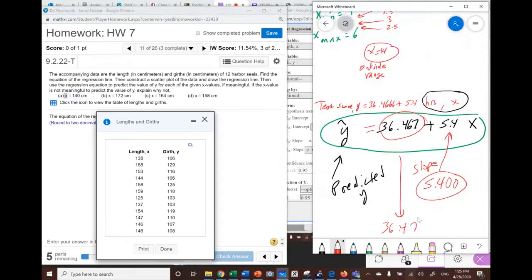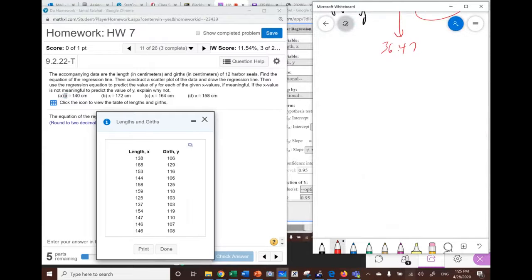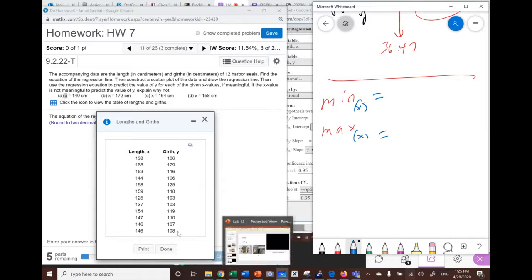Notice that I need to make 4 predictions. But before I make the 4 predictions, I need to look back in here, look at the min and the max for x. When you look at the variable x in this table, you're going to notice that the min is 125, and the longest one is 168.